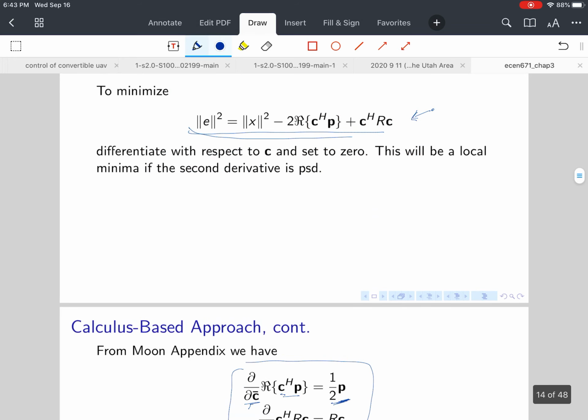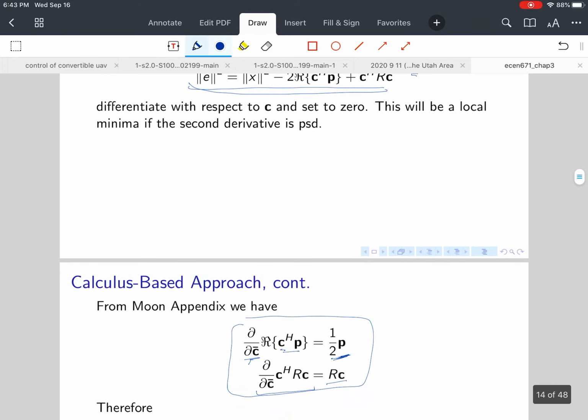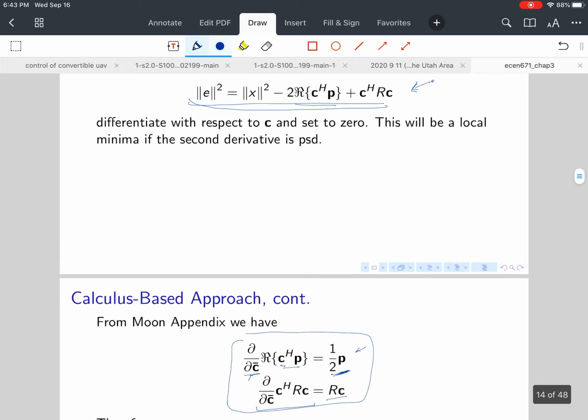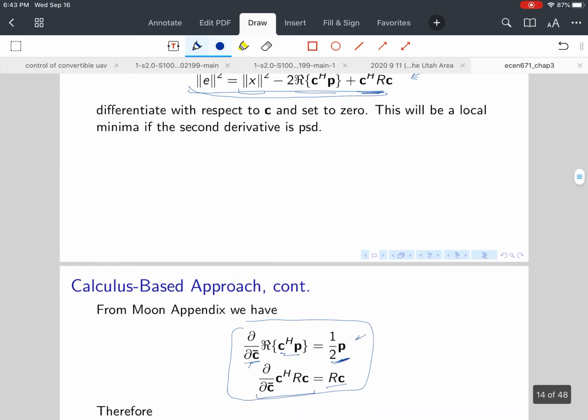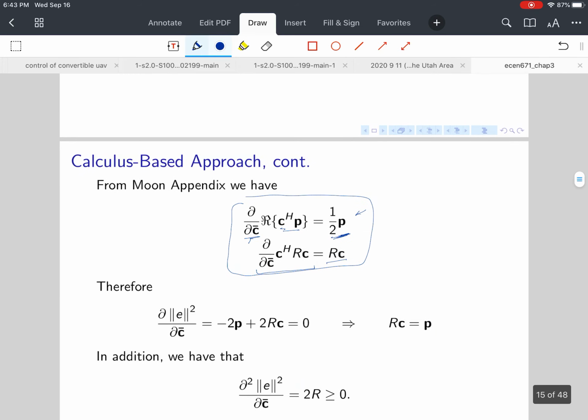So we take the partial of this expression, and notice the real part gives us 1/2 times p, so with the 2 here we'll have a minus p, and then the partial of this term with respect to c complex conjugate is just going to be R c. The norm of x squared has no c in it, so its partial with respect to c complex conjugate is equal to 0.